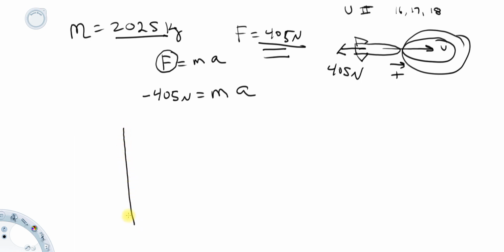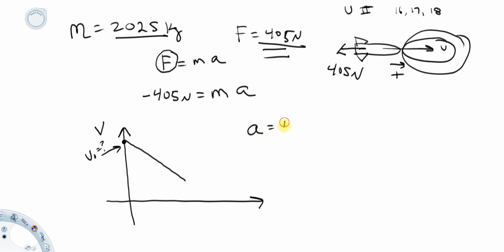Then you draw a velocity graph for this. Let's see, the speed must decrease by 1109 meter per second. So the velocity graph is going to look something like this. But it doesn't really give this initial velocity, it's not a known value. So I guess we're not going to be able to use this to find the slope. But what we can do, remember that acceleration is change in v over change in t.